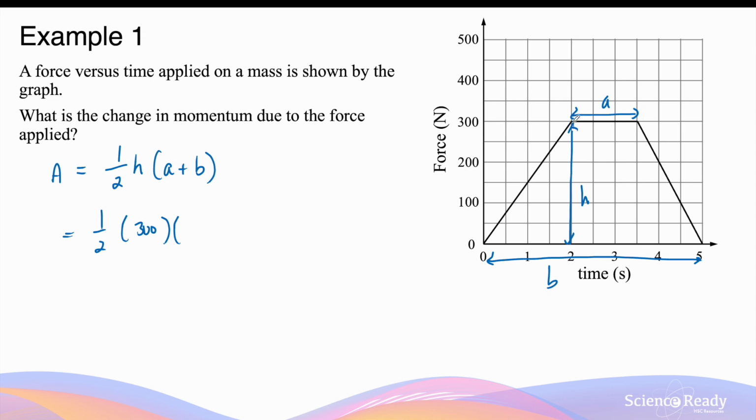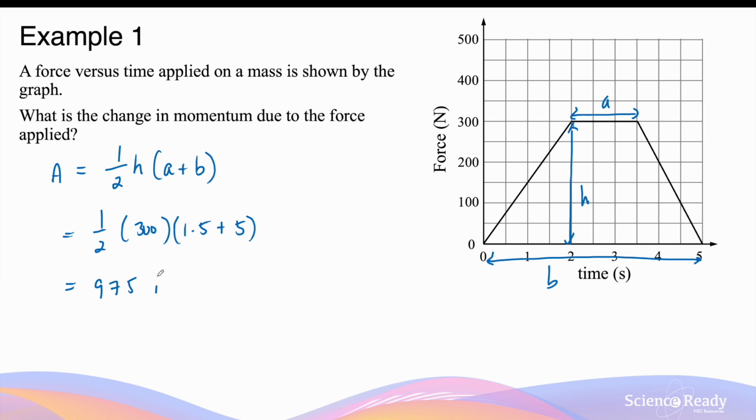So this goes from 2 seconds to roughly 3.5 seconds. So 3.5 minus 2 gives you 1.5 seconds, plus side B, the longer side of the trapezium. This will be a total of 5 seconds. And this gives me a total area of 975.